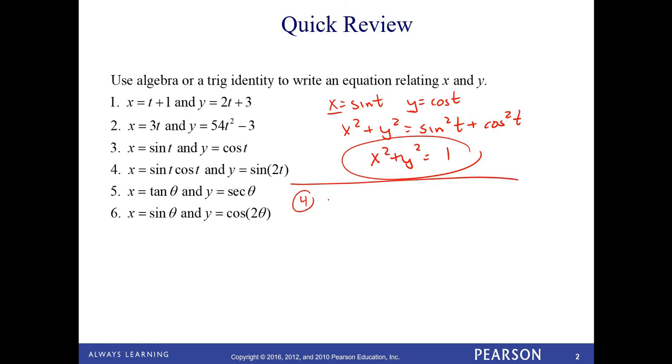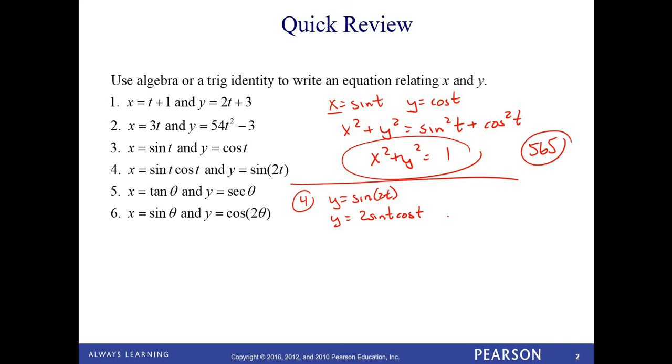Number 4 is a little trickier, and we need to use a trig identity. The trig identity that we're going to use is, instead of saying that y equals sine of 2t, we're going to say that y equals 2 sine t cos t. All of these trig identities can be found on page 565 in your text, so you might want to open up to that.